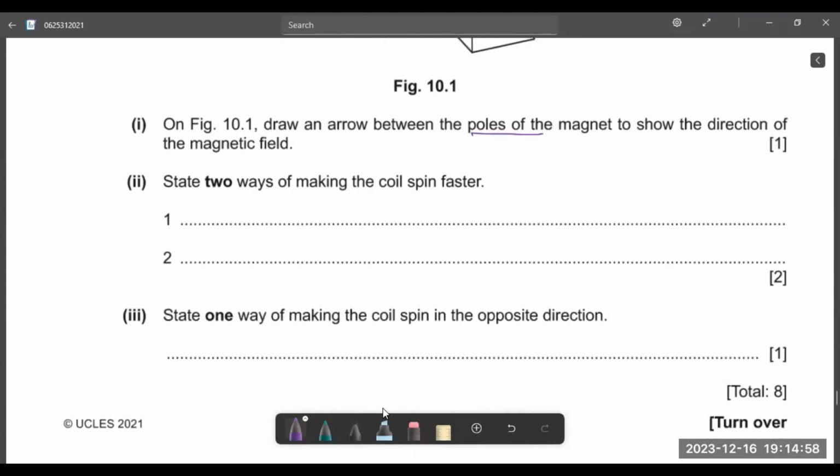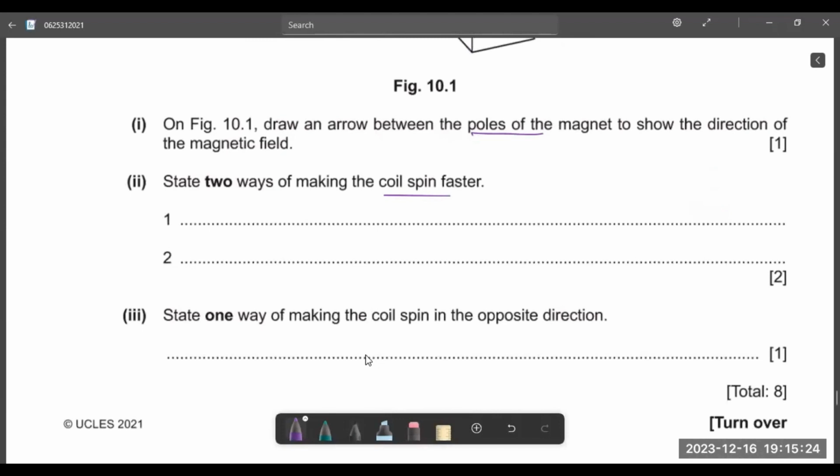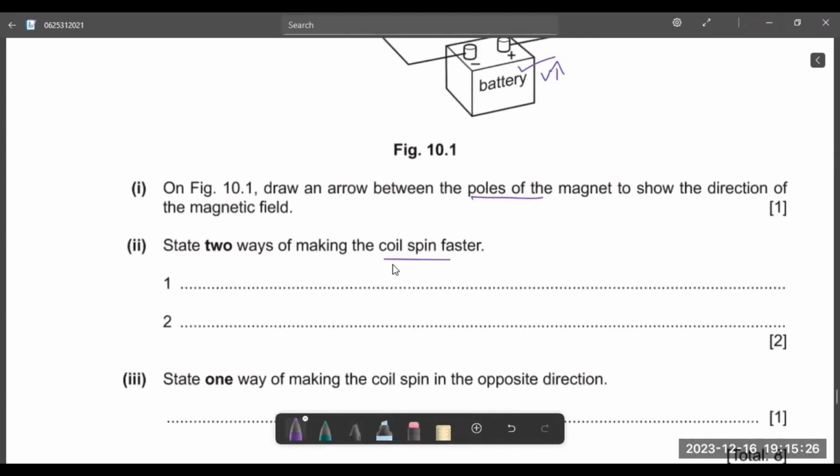State two ways of making a coil spin faster. So here a battery is being connected. If we increase the battery voltage, we can increase the speed. Then the number of turns in the coil. Here one coil is connected. If we increase the number of turns N, we can increase the speed of spinning.